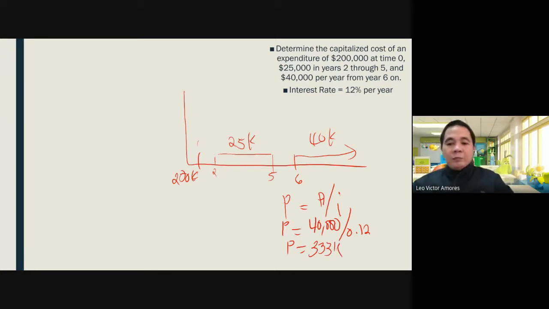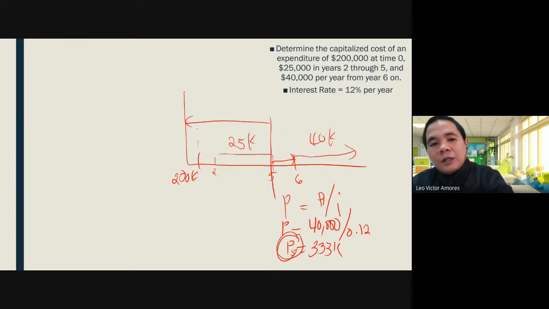This P, you cannot treat as the value at year 6, because you are one year below, you go backward. The perpetuity value P that you got is at year 5. Meaning, you have to get the value of that at year 0. So that is 333.33K divided by 1.12 to the exponent of 5 years.